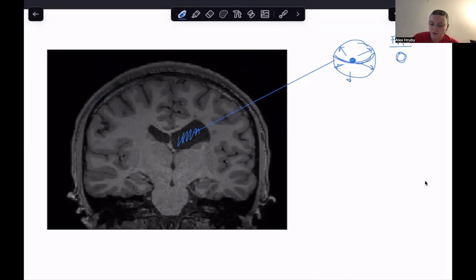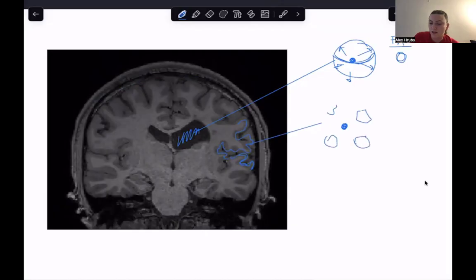Then next, you can think about the gray matter. That's all surrounding the brain here, and this is a T1 image, so it shows up gray. In gray matter, your water molecules are going to be a little bit restricted by different types of cells: brain cells, astrocytes, glial cells, all of those things.